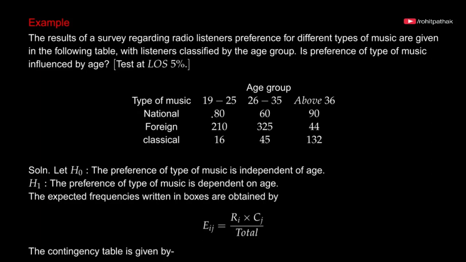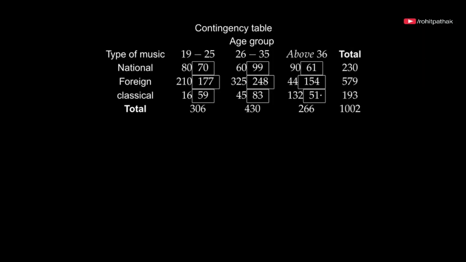Now how to find the expected frequencies in each class? This is the formula for finding expected frequencies in each class. First of all, we have to write the total of each row and each column. So we have prepared this total row and total column. To find the expected frequency in the first cell, we use the formula 306 into 230 divided by 1002.